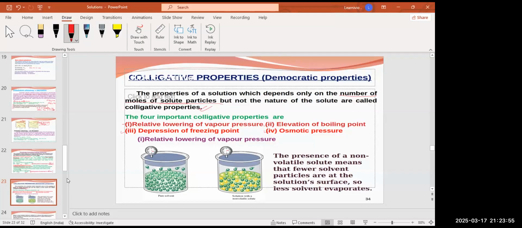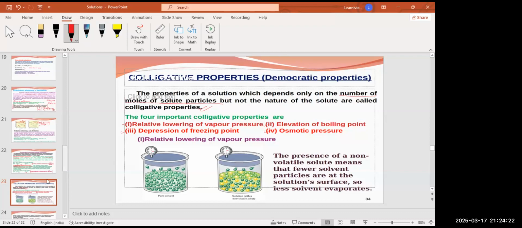So what is relative lowering of vapor pressure? See, in this case, what happens? The presence of non-volatile solute means that fewer solvent particles are at the solution surface. See here, there are very few particles at the surface of the solution, right?